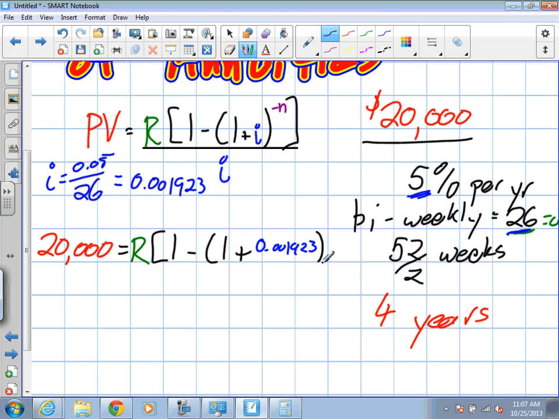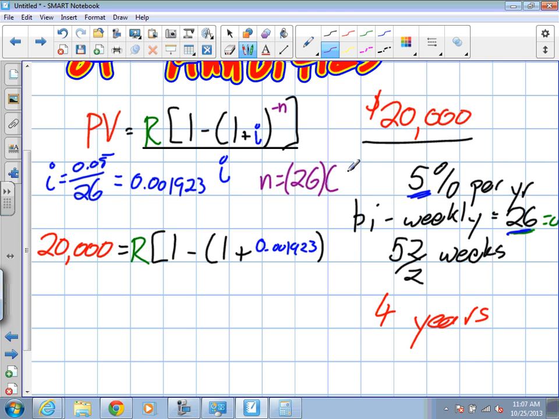Okay? The other thing we need to calculate is our N. N is equal to what? How do we figure out the number of periods? How many times do I have to pay into this loan? It's bi-weekly, so the compounding period, which is 26, times what? 4. The amount of years I do this for.